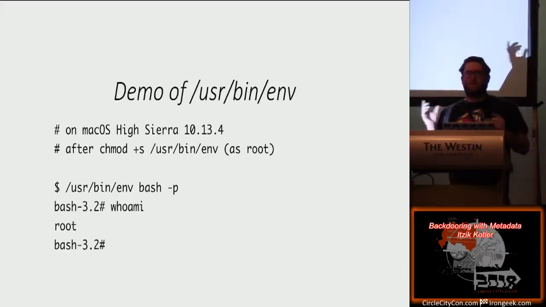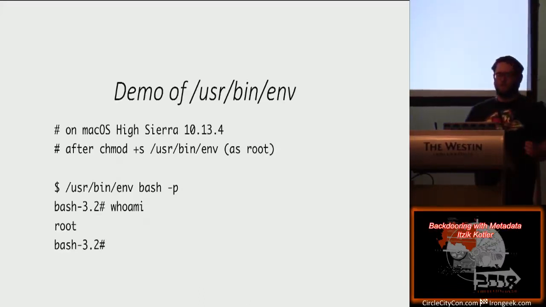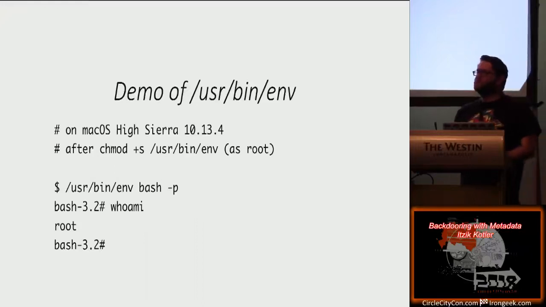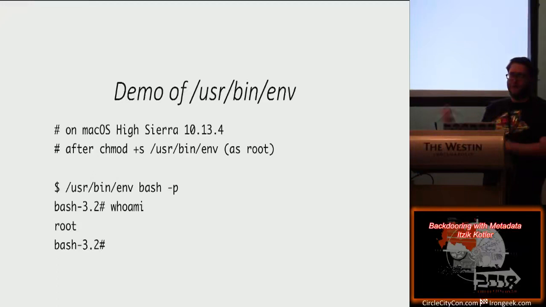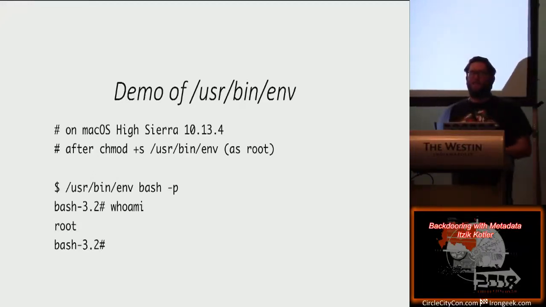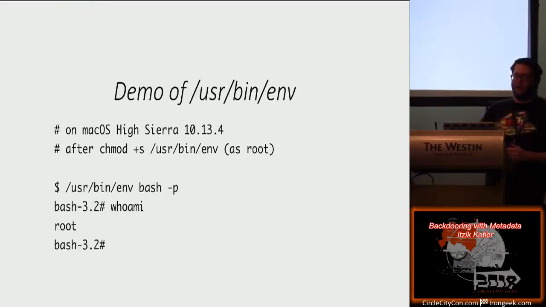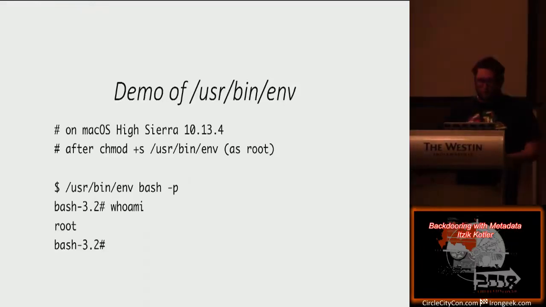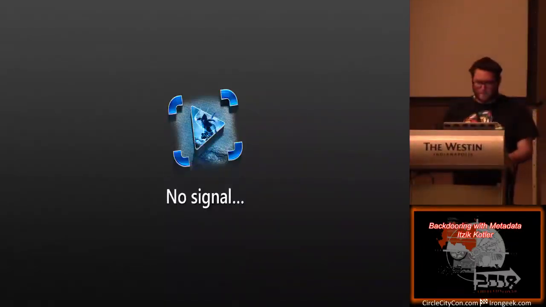As you can see, changing the binary, elevating it into setuid root, meaning that once you're an administrator on the machine, you change that file's flags, and the next time that you try to run it with bash, it will end up becoming a root shell. So, quick demo of this technique.